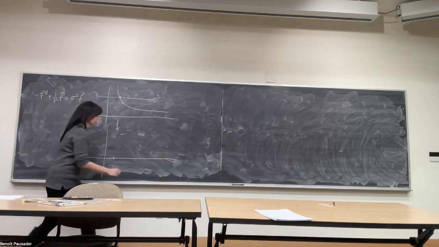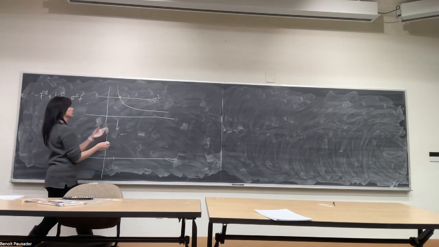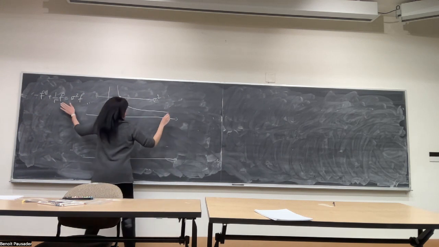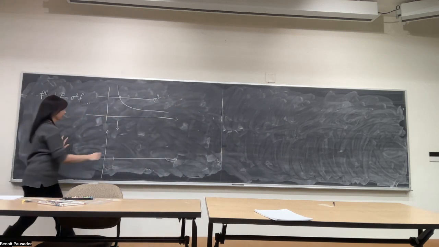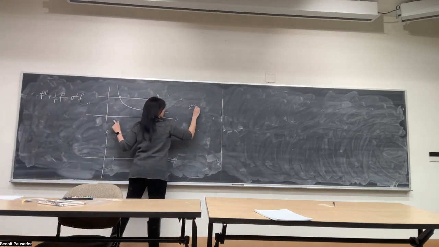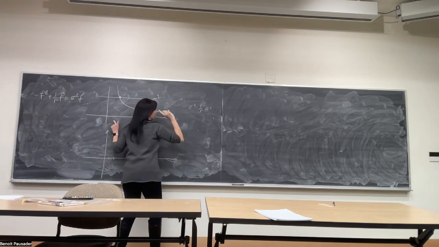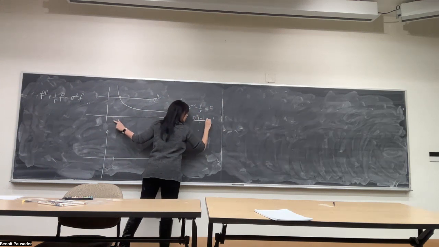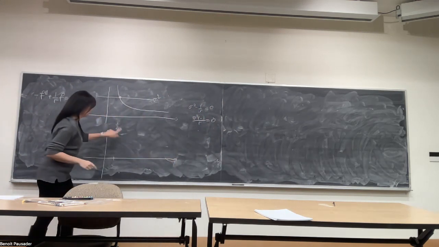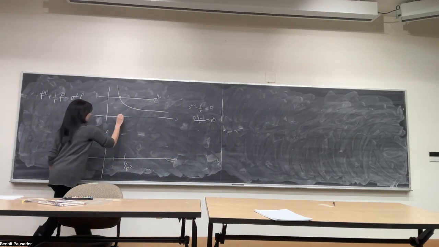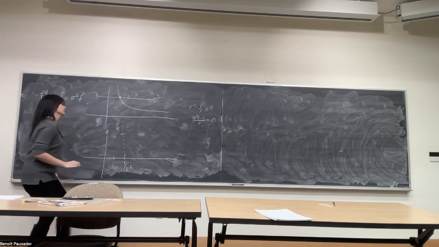So the corresponding picture, if you look at that solution corresponding to this here, then we would expect, when sigma squared minus 1 over r is equal to 0, so when my r is 1 over sigma squared, let's put a dash here.